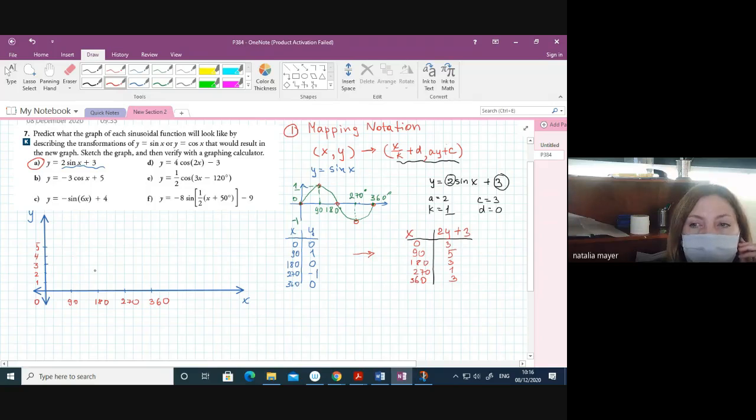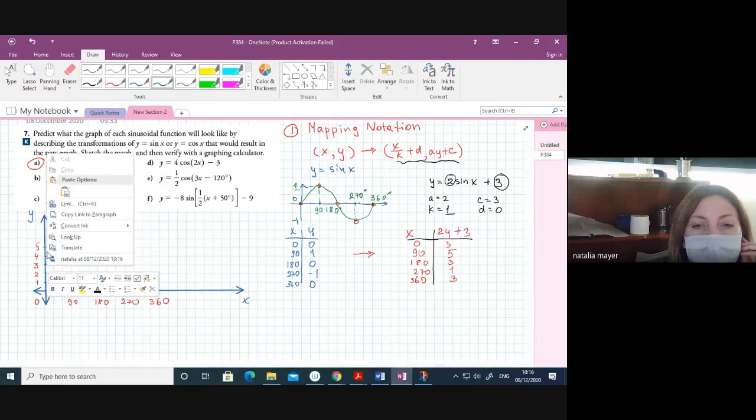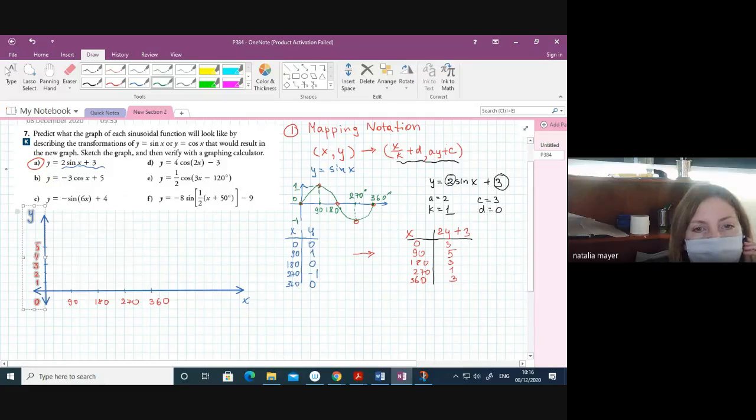All right, and now I'm ready to work with this table of values and to plot the points. So 0, 3. I will use the green color for the points. Guys, whenever you are talking while I'm explaining, I will not be taking your questions.